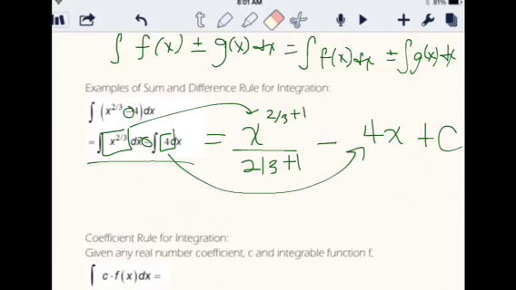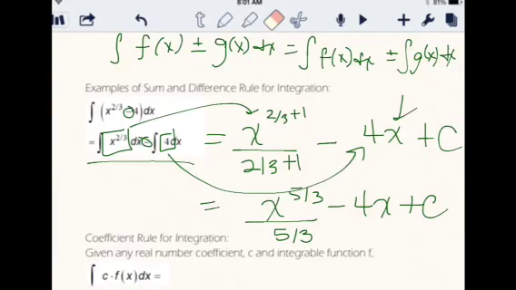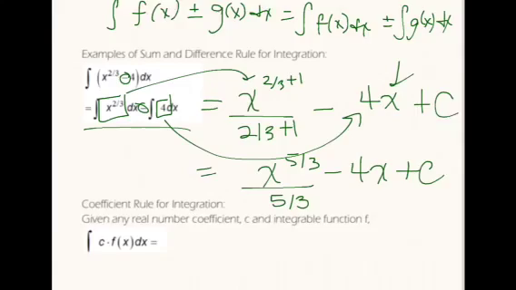If it's got a variable already, you add 1 to the power and you divide. If there is no variable, you just attach the variable on. 2/3 plus 1 would be 5/3. But again, normally, you just do them piece by piece, keeping the plus or minus in between them.